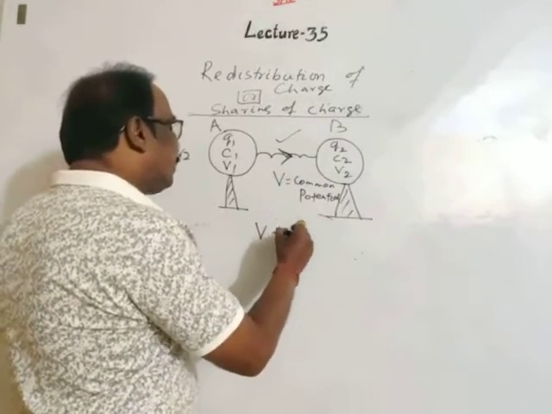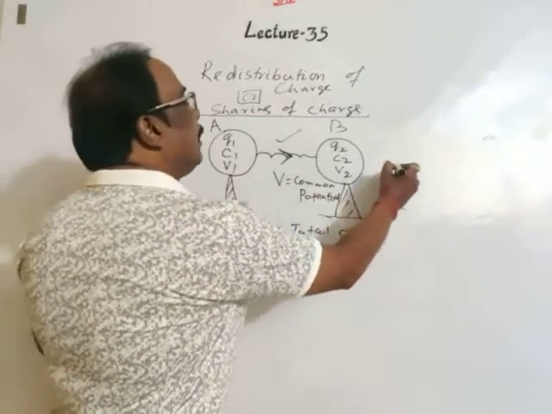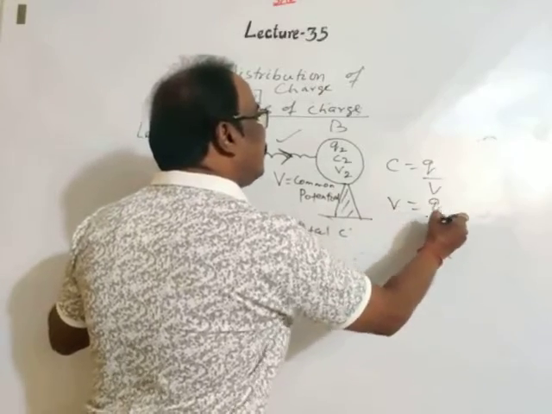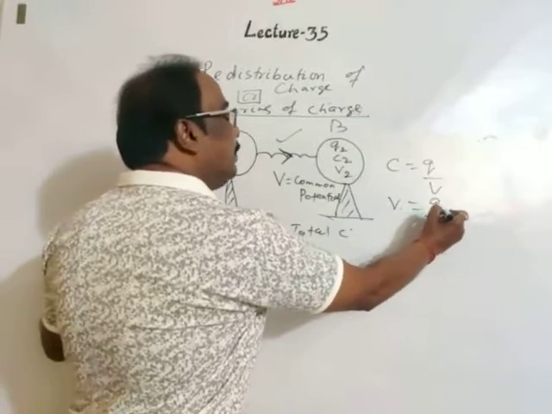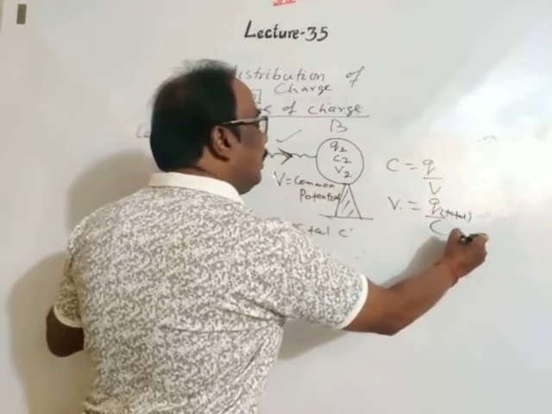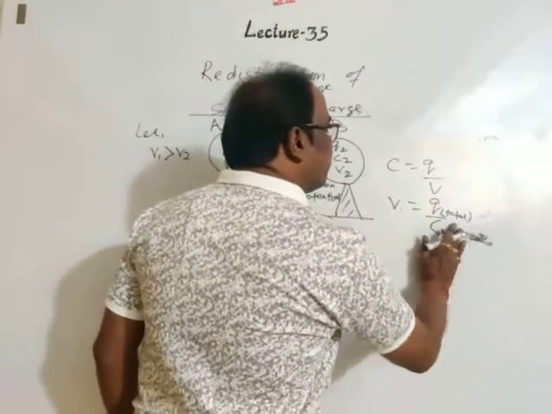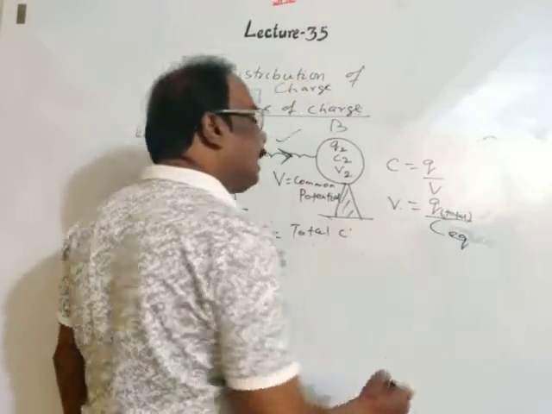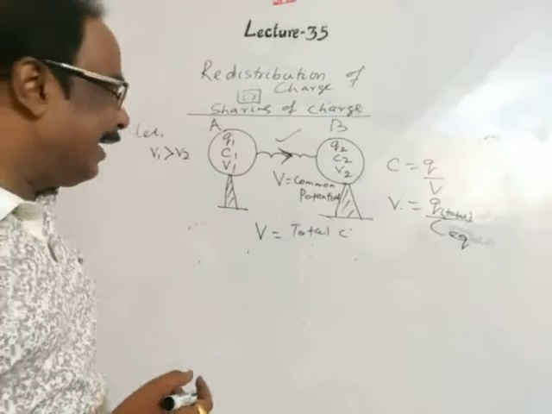So V is equal to total charge divided by total capacitance. See, capacitance is equal to Q by V, so V is equal to Q by C. V is the common potential, Q is the total charge, C is the total capacitance, or we may write equivalent capacitance.